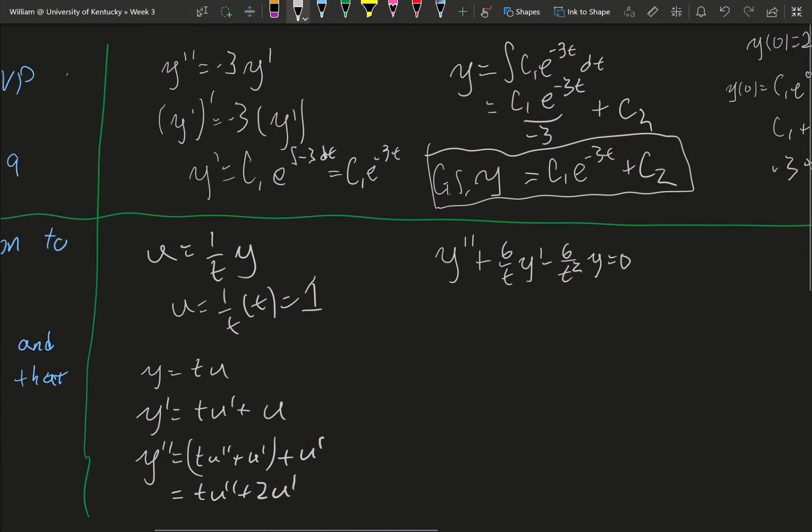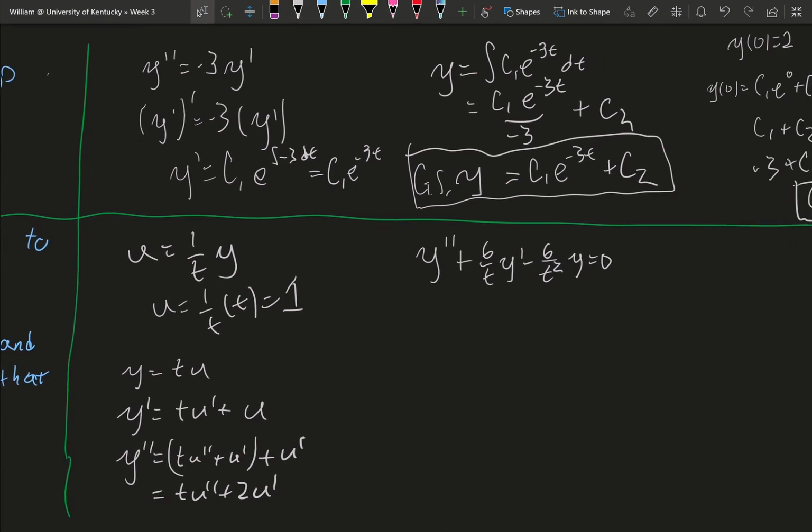Now we'll change our variable to be in terms of u. So y double prime is t u double prime plus 2u prime, plus 6 over t times y prime, which is t u prime plus u, minus 6 over t squared times y, which is just t u. Now let's simplify, and if we did it right, we should lose all the u terms.